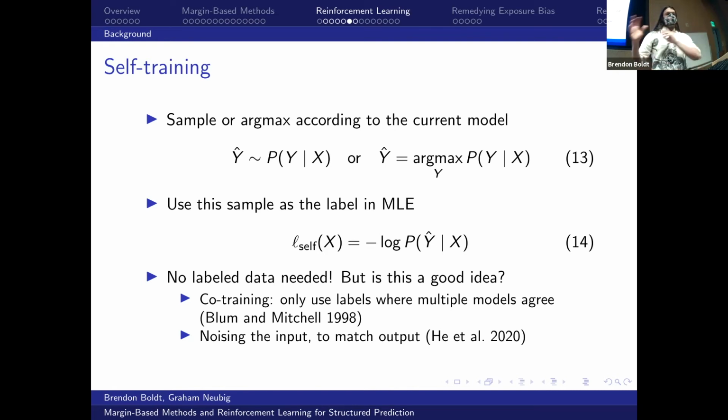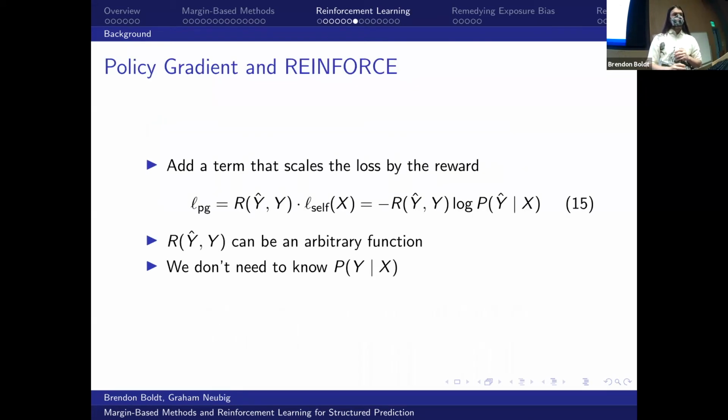But the thing I actually want to emphasize from self-training is equation 14. Once we understand the self-training objective, I think it makes a lot more sense once we turn it into the reinforce objective. Reinforce is a specific kind of reinforcement learning, which is a subset of policy gradient methods.